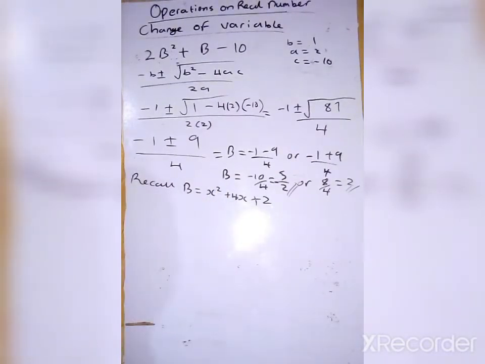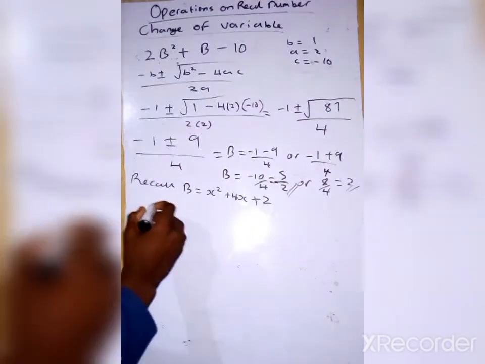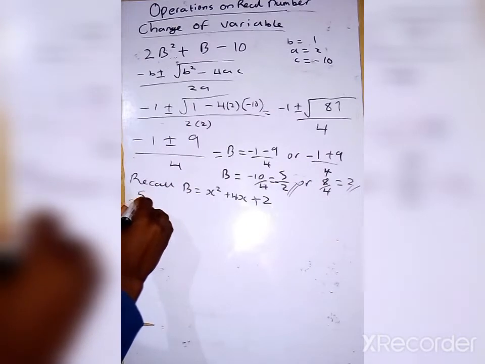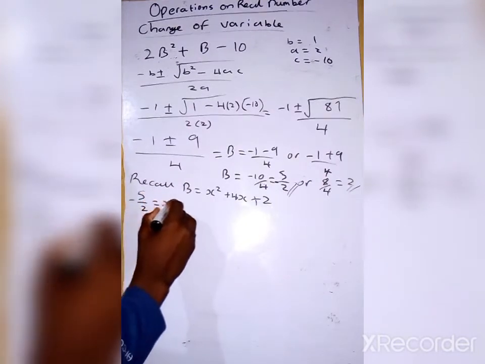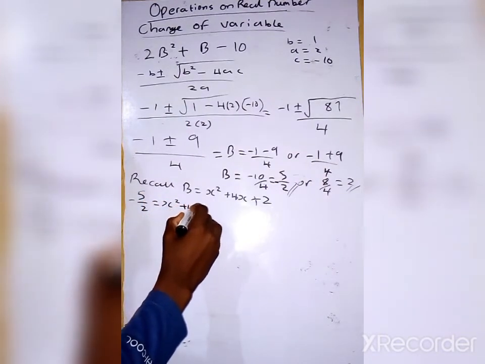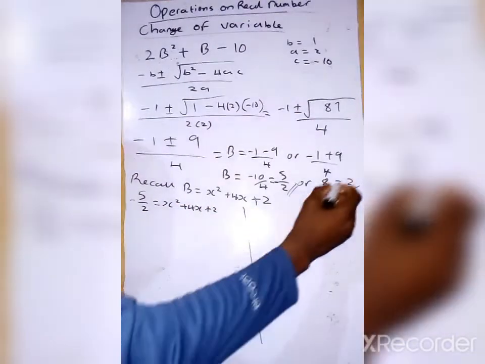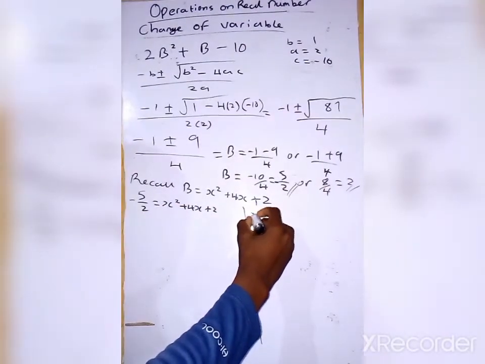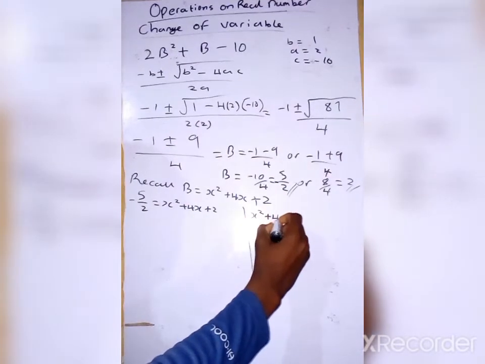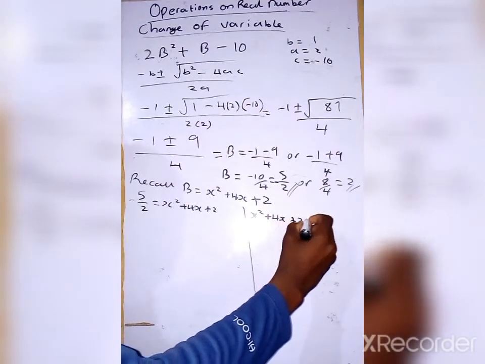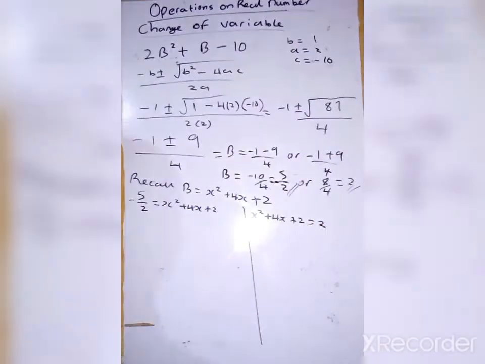Now we insert the two values of b. When b is minus 5 over 2, minus 5 over 2 equals x squared plus 4x plus 2. And when b is 2, we have x squared plus 4x plus 2 equals 2.